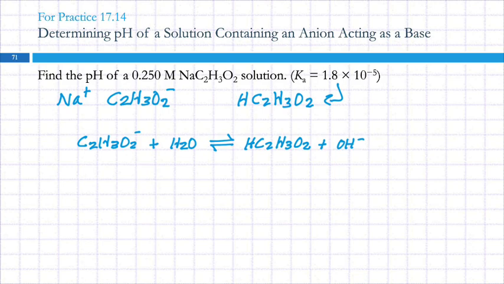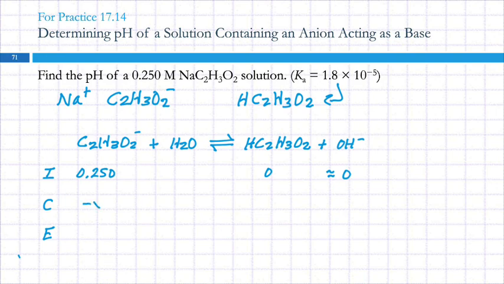So if we make our ICE table, we're told that the initial concentration of sodium acetate is 0.250. It came in with sodium, but that doesn't matter. Initial concentration of acetic acid is going to be 0. Hydroxide, essentially 0.